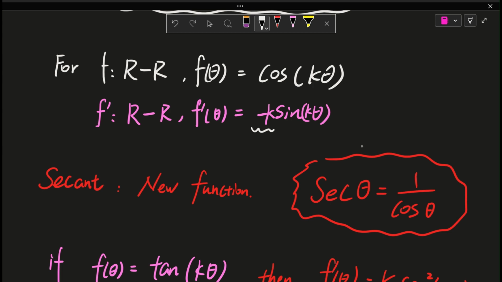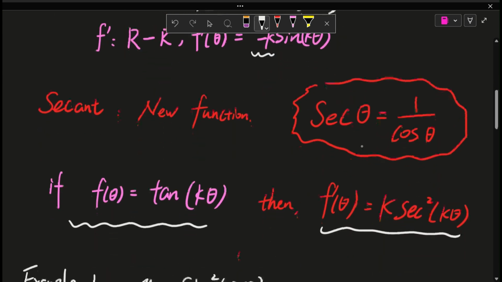Okay, next we're going to look at a new function. It's called the secant, and we say sec. So sec theta is equal to 1 over cosine theta.